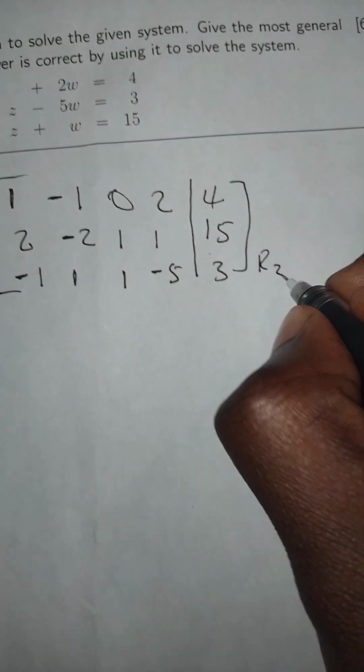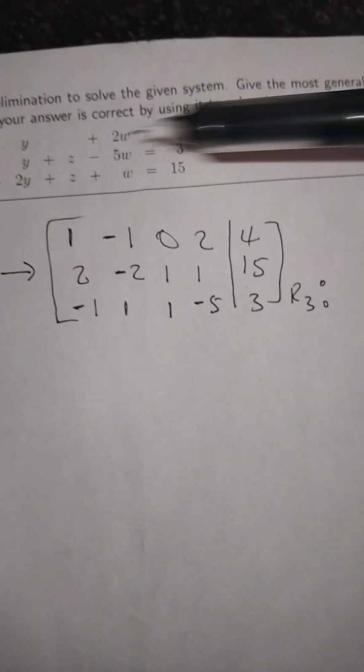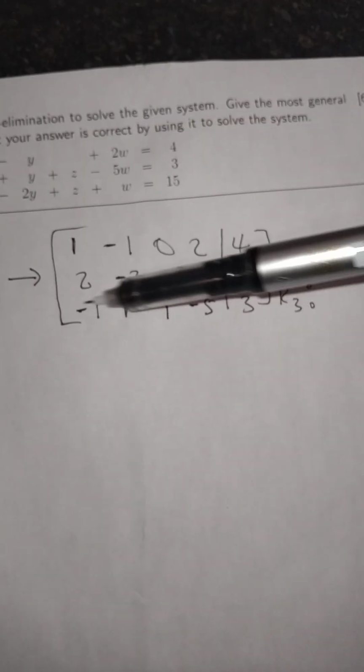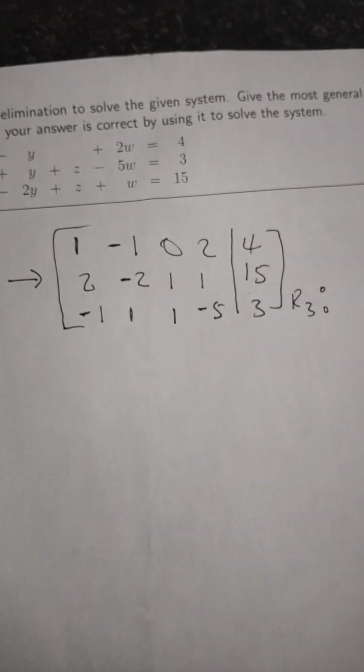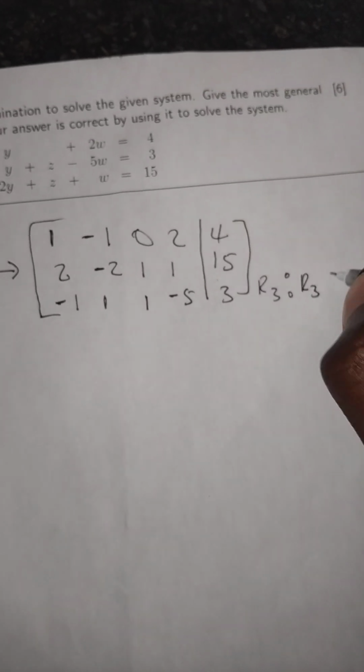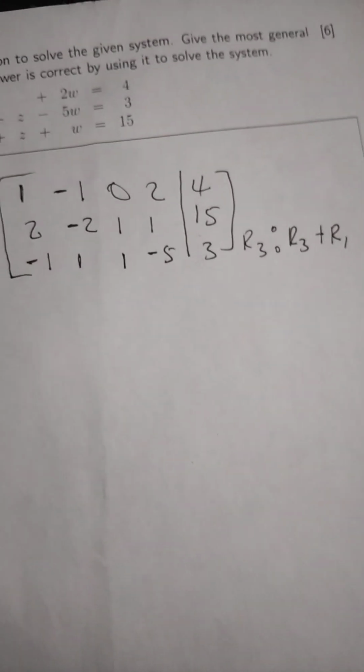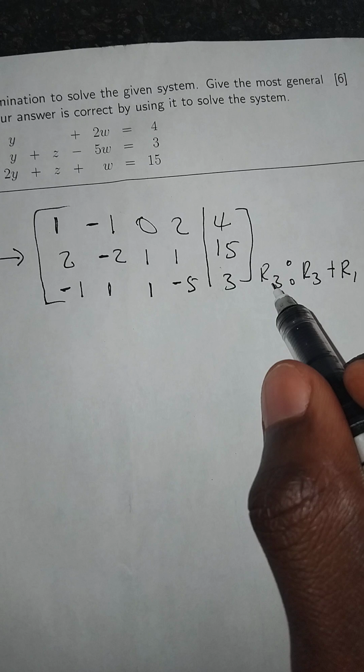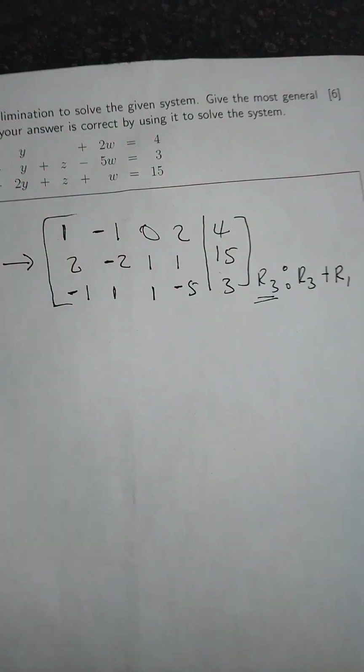I'm going to apply operations on row 3. I want a 0 there, so I can add row 1. So row 3 plus row 1 is the operation I'm using to change row 3. I'm only operating on row 3; all other rows remain the same.